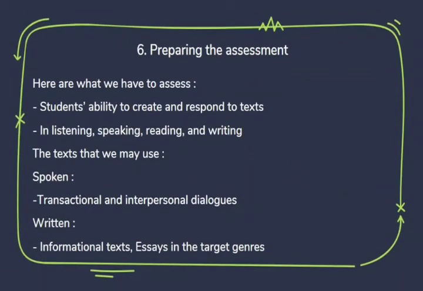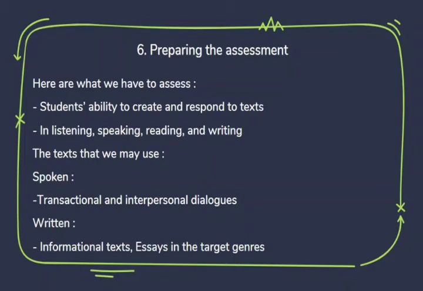Number 6, preparing the assessment. Assessment is a method of evaluating student achievement. This stage focuses on ensuring that your students have arrived at their intended goals and have been formulated as indicators of competency achievement.